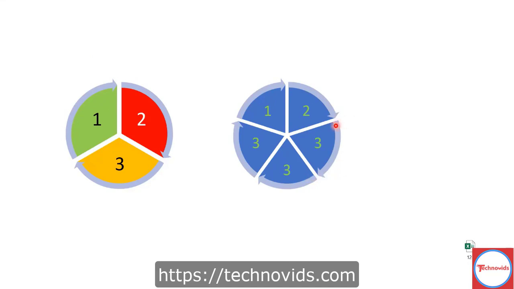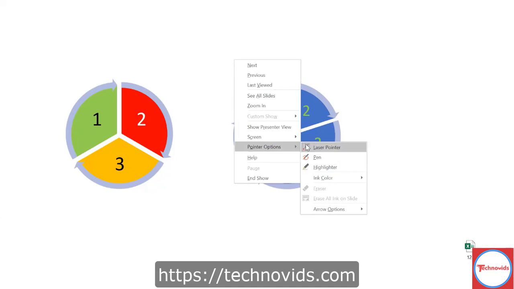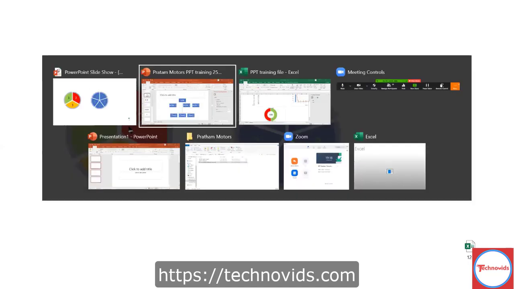When I'm pointing something out, I can use this option. Fine. So we have it in right click, pointer options, laser pointer. You also have multiple pens, or anything you want to use, you can use it. Anyway, I think it's getting recorded, so I'm not going to type anything there.